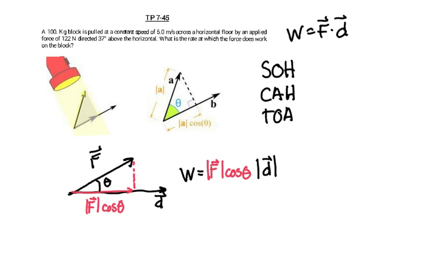So as we write this out, we have work is equal to the magnitude of our force vector times the magnitude of our displacement vector times the cosine of the angle between our vectors. I can't highlight enough the importance of understanding that this angle right here is the angle between our vectors.